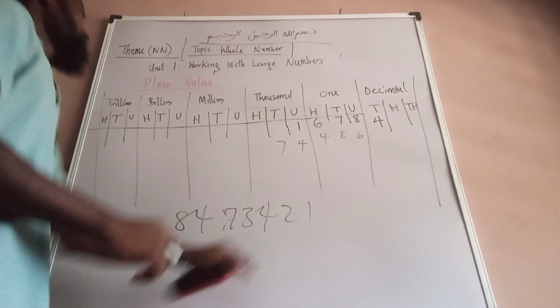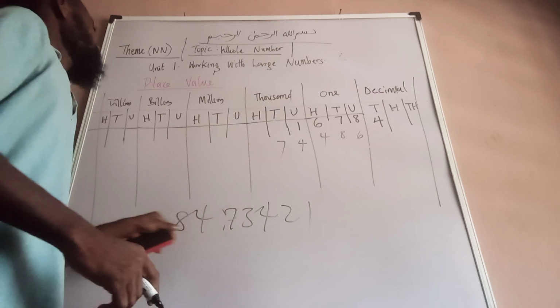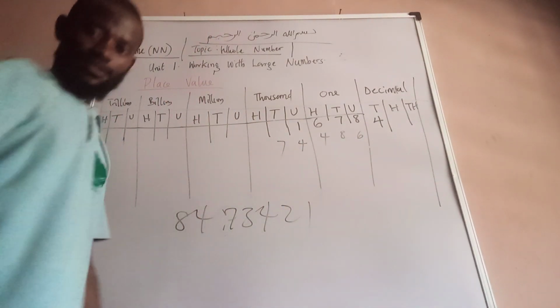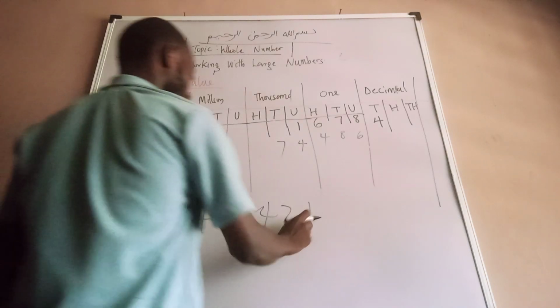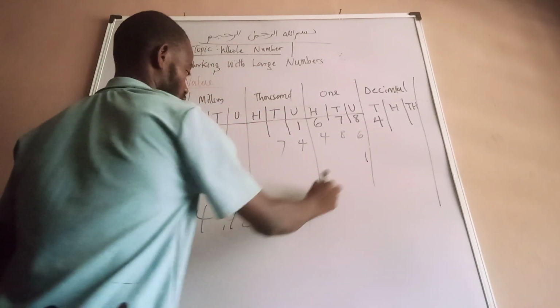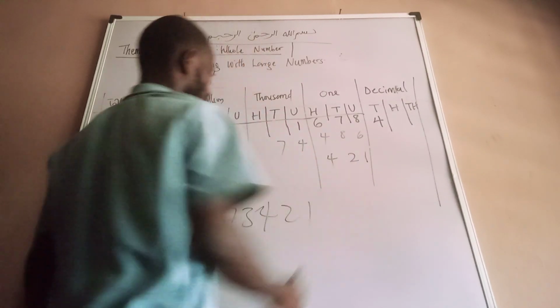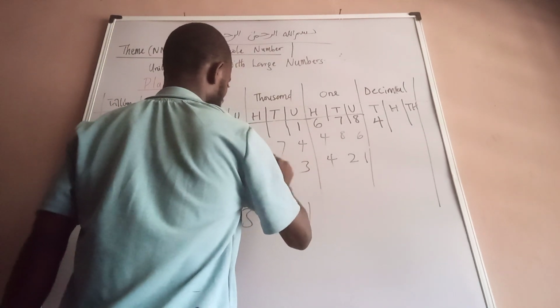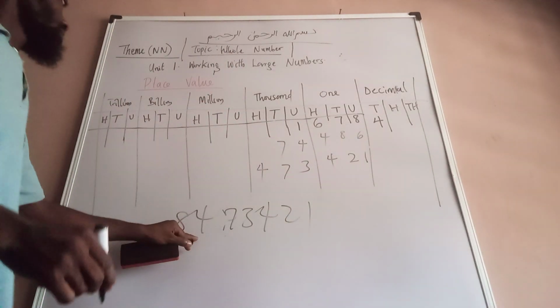Now 1, 2, 3, 4, 5, 6, 7. So we start, this is 3, then everything will end in here, right? So this is the first one, 1 here, 2, 4, 3, 7, 4, then 8.